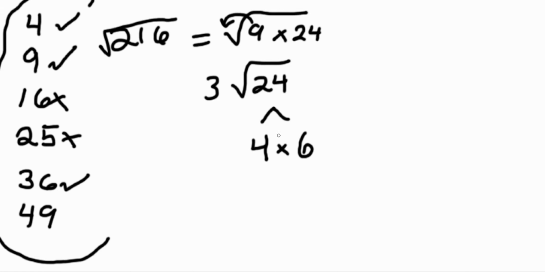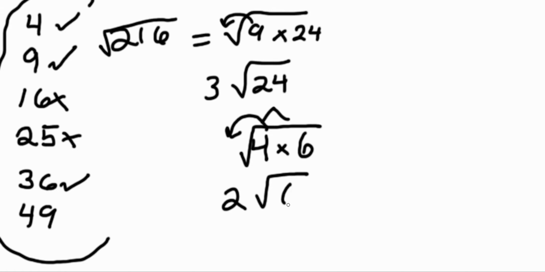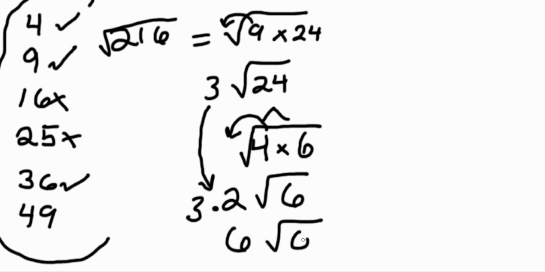So 4 times 6, well, this radical, our 4 comes out as a 2, and then we're left with a radical 6, but we can't forget that we have this 3 up here, so we bring it on down, and we get 3 times 2, or just 6, root 6.